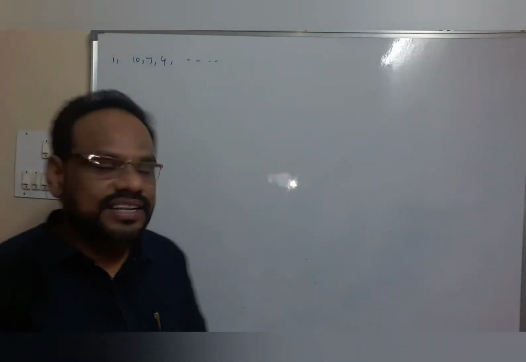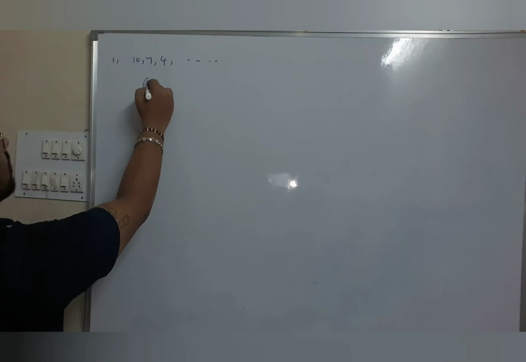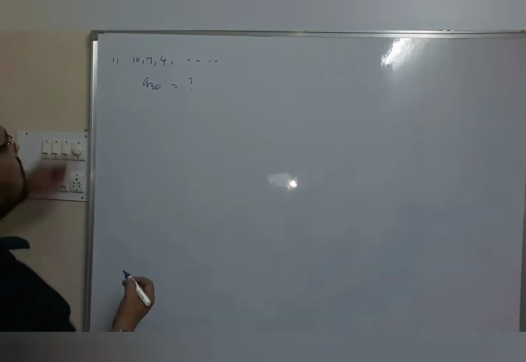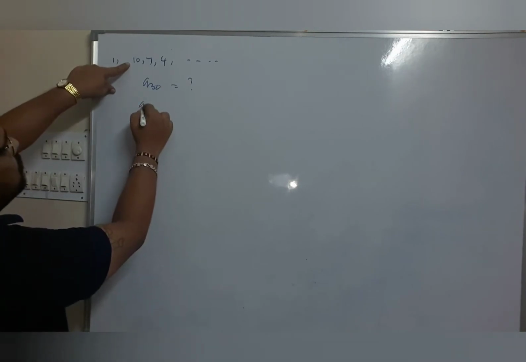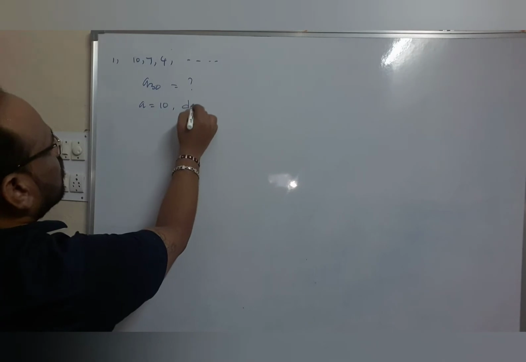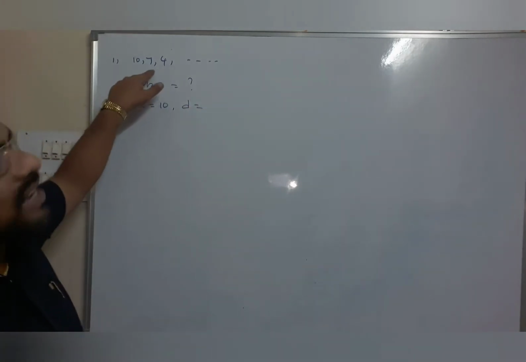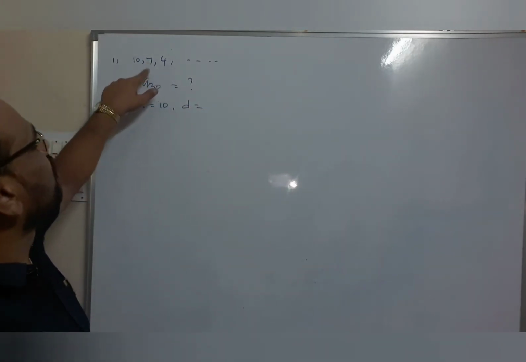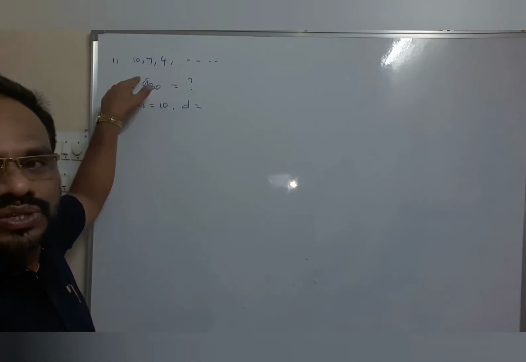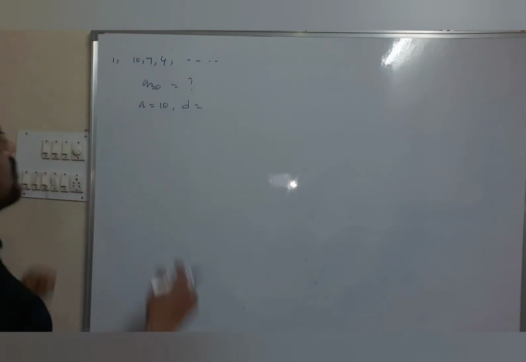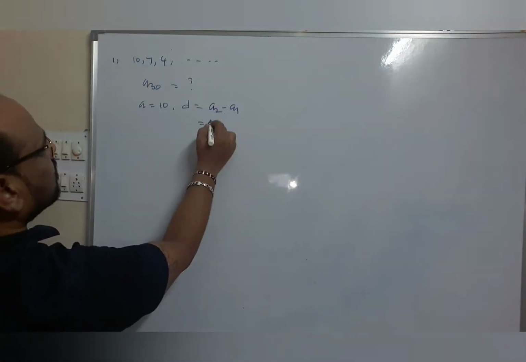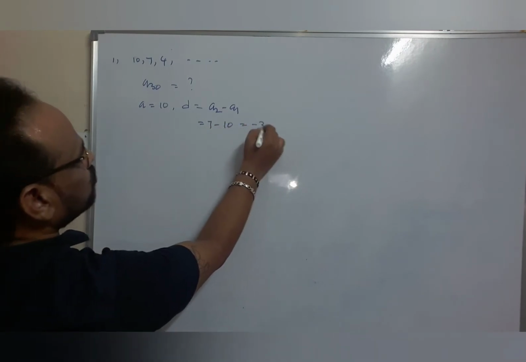We find the 30th term. Here observe that the first term is a equal to 10. For the common difference, clearly this sequence is in AP: 7 minus 10 is minus 3, and 4 minus 7 is also minus 3. So the common difference D is A2 minus A1, that is 7 minus 10, which equals minus 3.